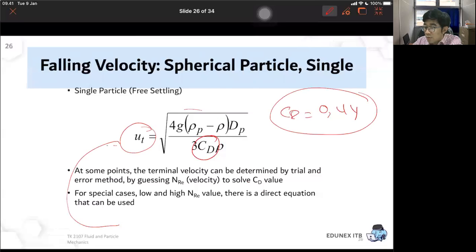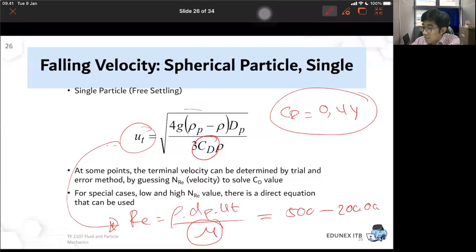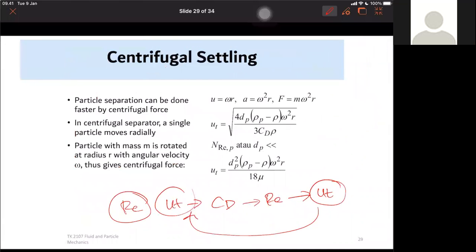Then find the viscosity of the air at the temperature given in the exercise, and calculate the Reynolds number. If it falls between 500 and 200,000, then it's okay. If it's not, you need to do iteration. Can it be understood? Yes, sir. That's how you can start your iteration.